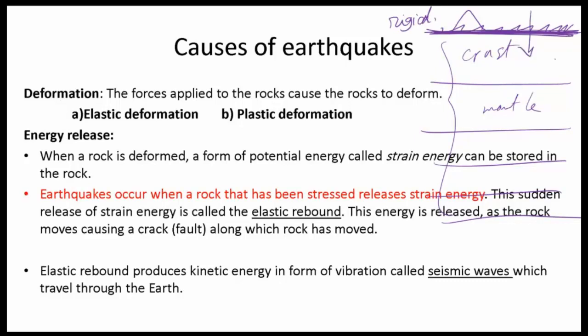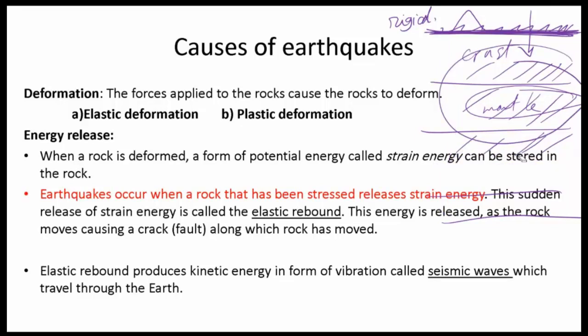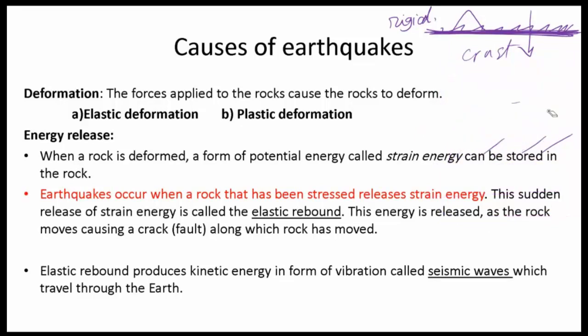But when you go deep in the crust, the rocks in this area, or the rocks in the mantle, maybe the upper part of the mantle, or the next layer, the asthenosphere, they are elastic rocks. So they are not rigid like the normal rocks that we have on the surface of the earth.